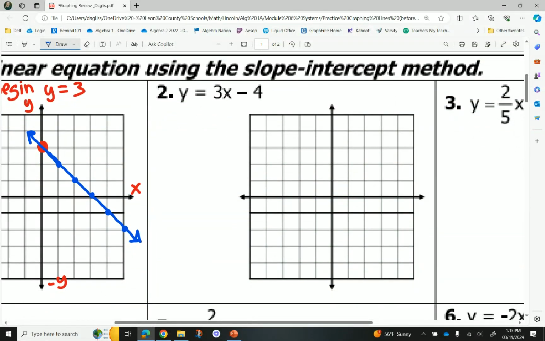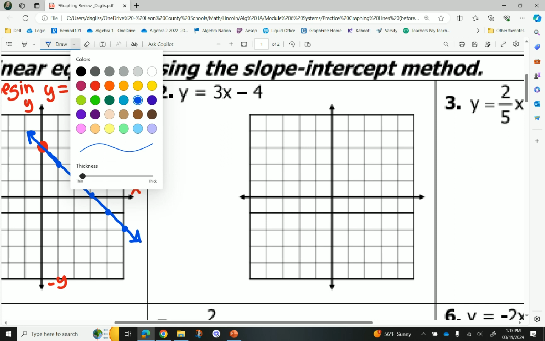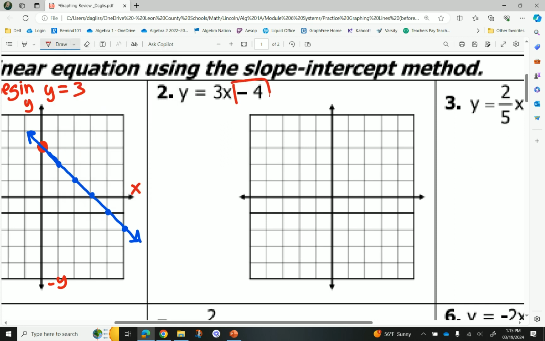My next one, y equals 3x minus 4. Where am I going to begin? Negative 4. That's my b, begin where y equals negative 4. So that's going to be down below. 1, 2, 3, there's my negative 4.